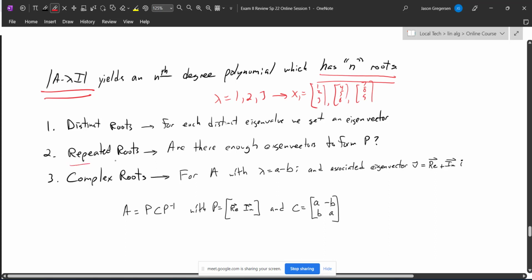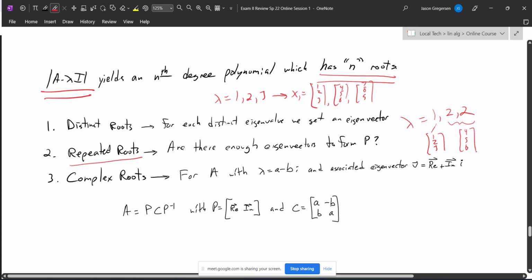However, if I have repeated roots, in other words, now I have lambda equals 1, 2, and 2, for instance, where the eigenvalue 2 is repeated, I know that when I plug in lambda equals 1, I will generate 1 eigenvector. But I'm not sure what happens when I plug in lambda equals 2. Sometimes I might only get 1 eigenvector.